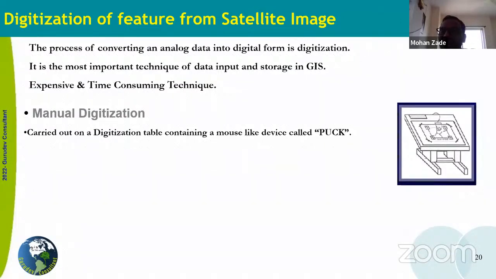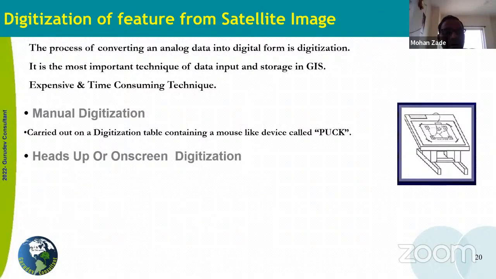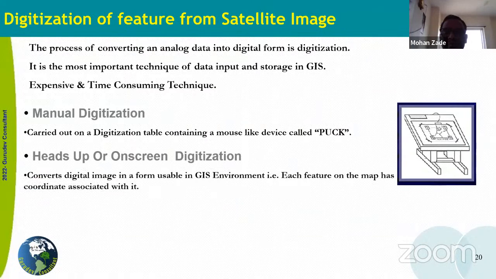This kind of table was used to digitize the images. Now the recent one is head-up or on-screen digitization. Most of the images are available in digital formats. These images can be displayed directly in GIS or any remote sensing software, and you can start digitizing the features.